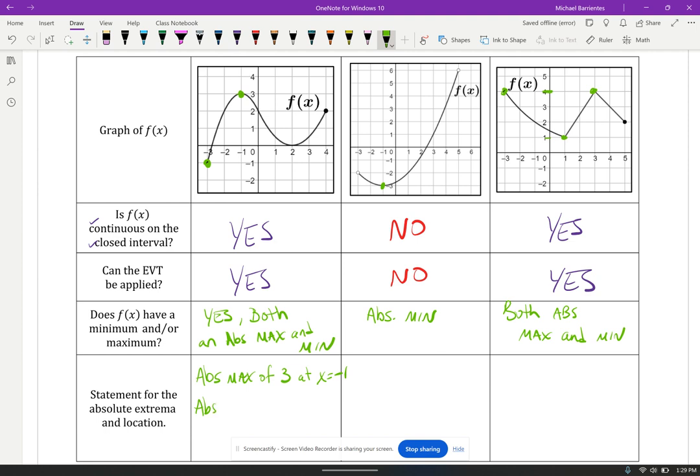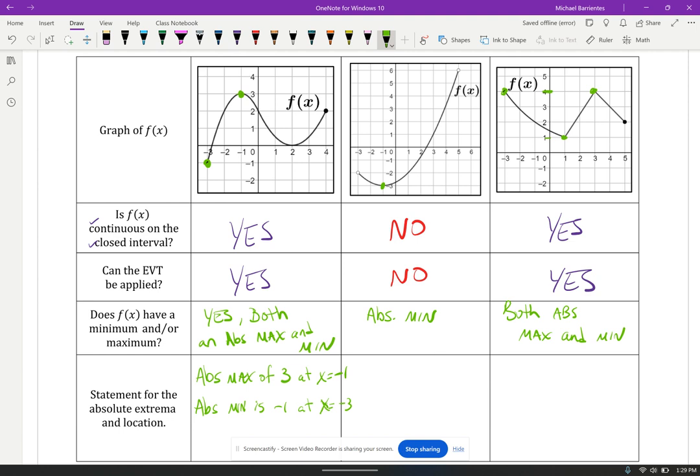And the absolute min, I can also write, absolute min is -1 at x equals -3. But again, we want you to understand, whenever we're looking for the absolute max, we're actually looking for the y value. This tells me where it occurs, right?